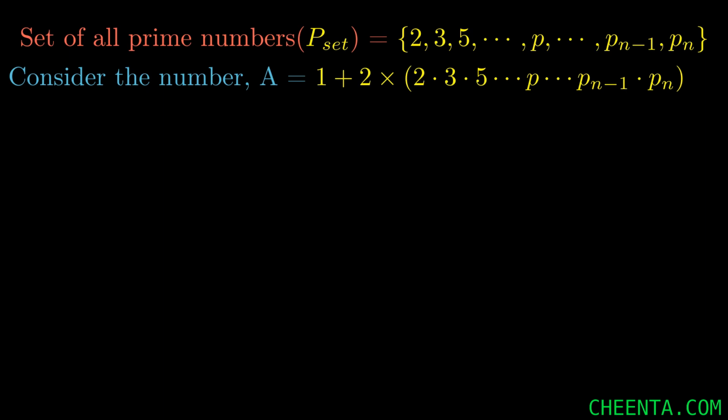And using the pi notation, that is the product notation, like we use summation, we can write it something like this. Now as this number A is made using the product of all the prime numbers plus 1, and as the set consists of all the prime numbers, A cannot be an element of the set P. So A is a number which is not prime.